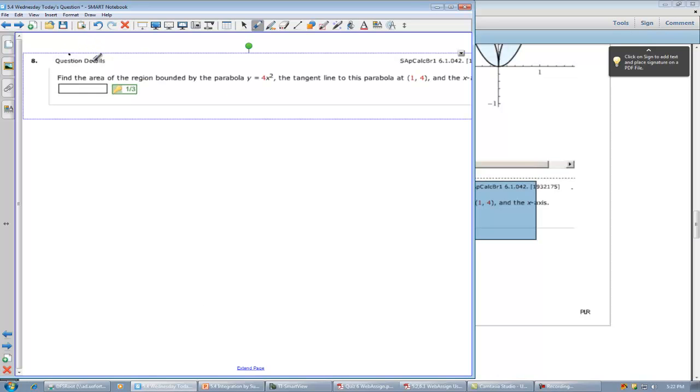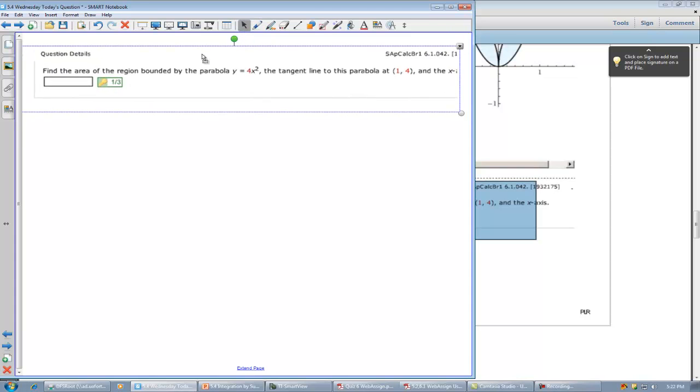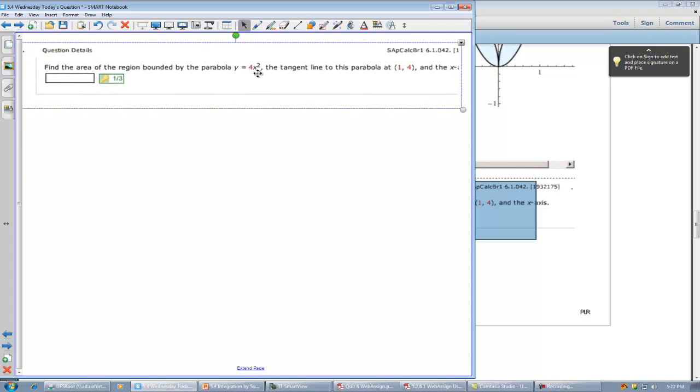So on this one, we're supposed to find the area of the region bounded by the parabola y equals 4x squared, the tangent line to this parabola at (1, 4), and the x-axis. Right, so how do we do this?